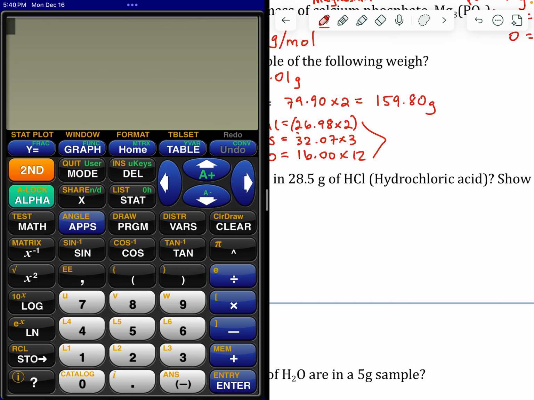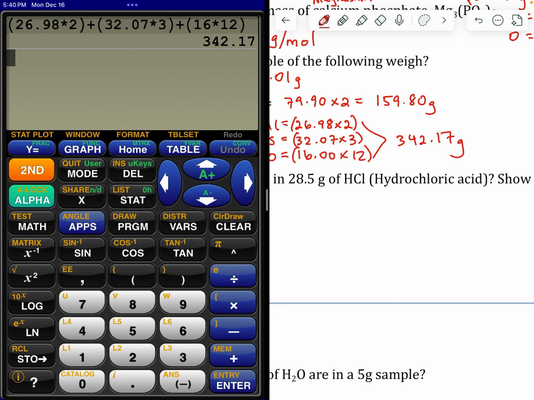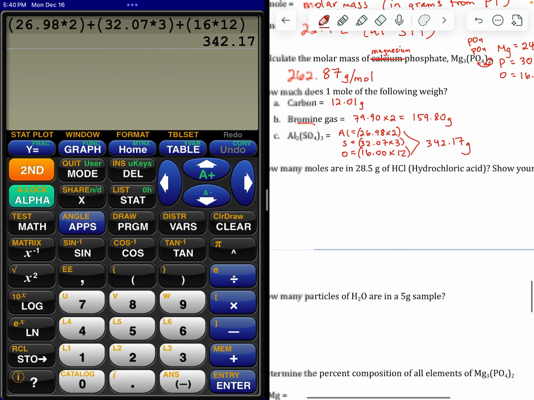So put parentheses around everything when you plug it into the calculator, and you should be able to do everything all at once. So what that looks like is this. After every multiplication operation, I'm going to put it in parentheses, 16 times 12. And we should end up with 342.17 if my math is correct. And there we go for our aluminum sulfate.